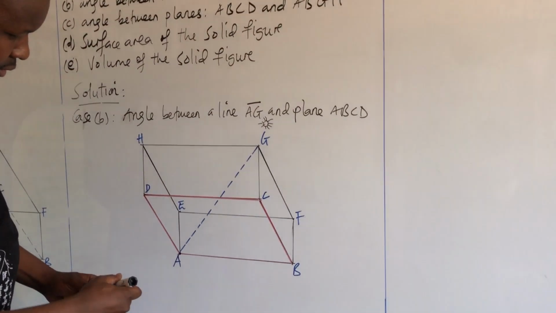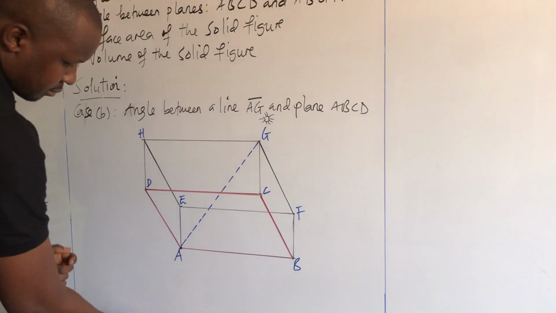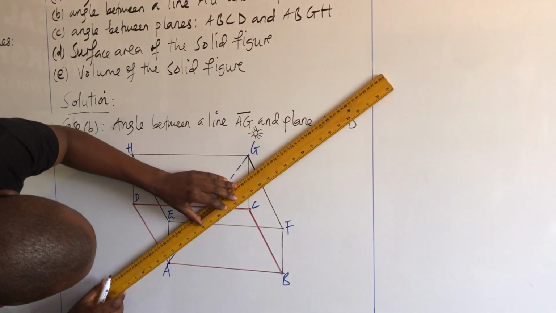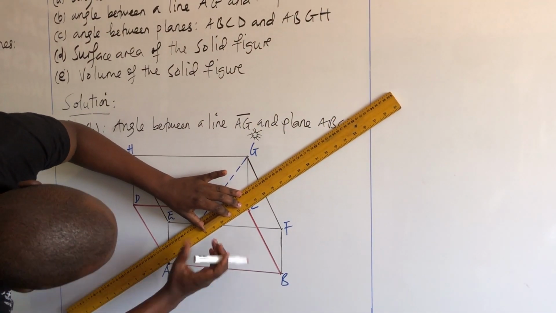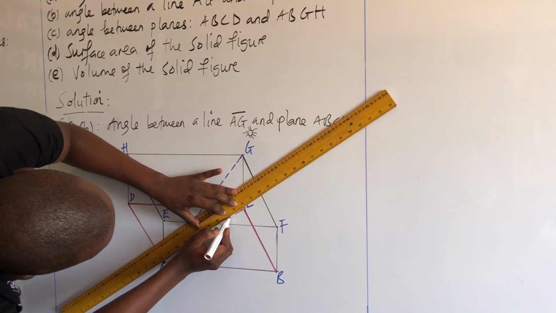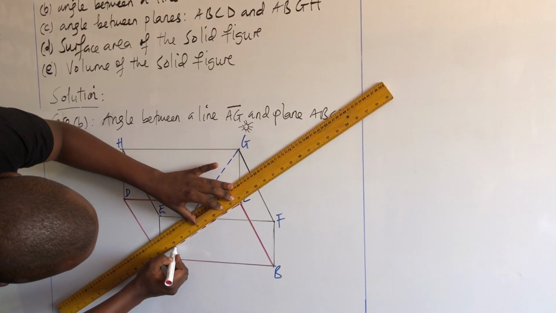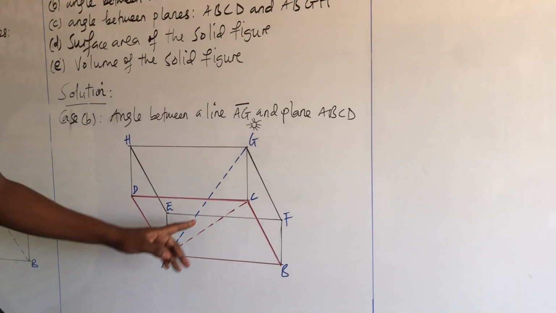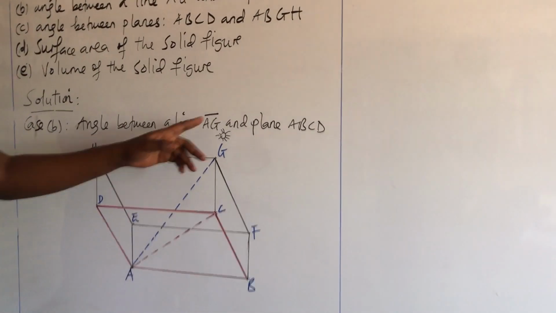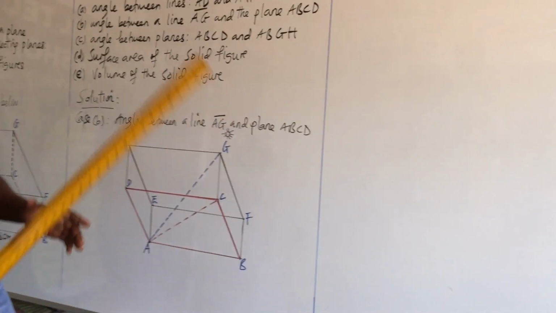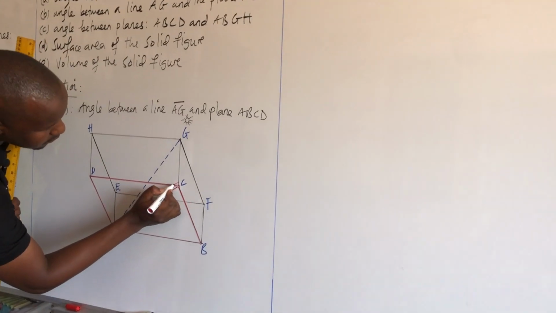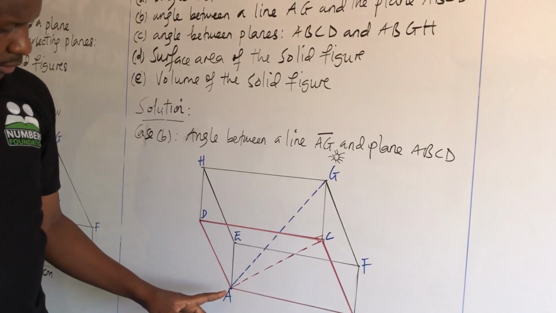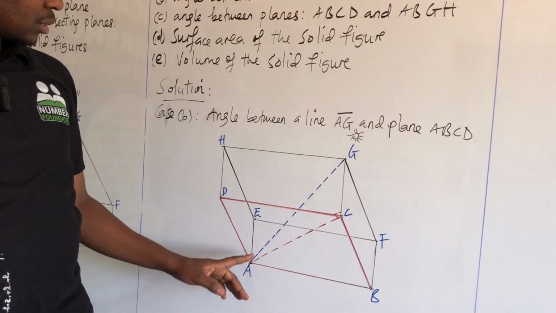We draw it here with a red dotted line, AC. Now AC is the orthogonal projection of the line AG on the plane ABCD. It means it forms a right triangle there. So AC is the shadow, or the projection, of AG.